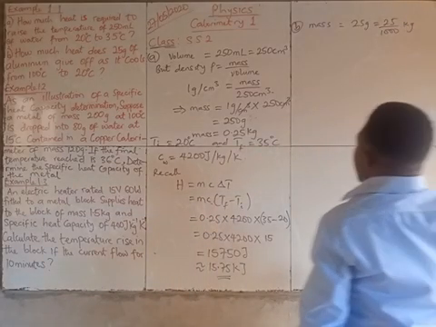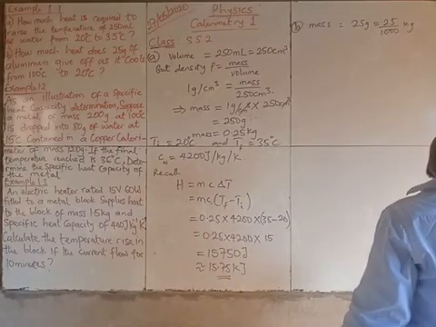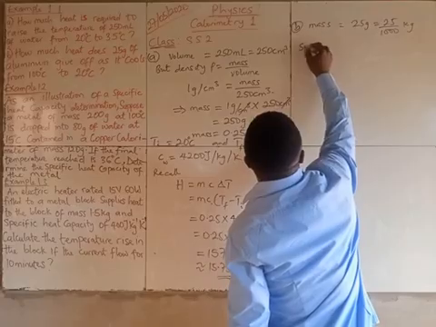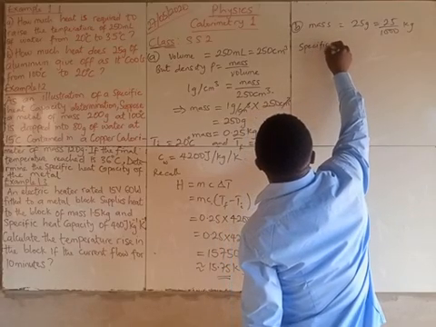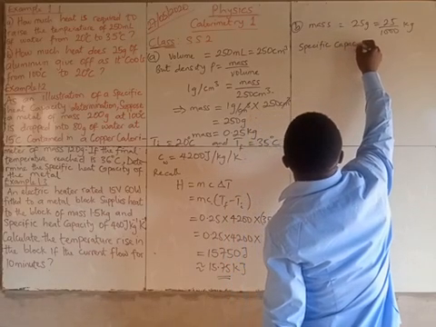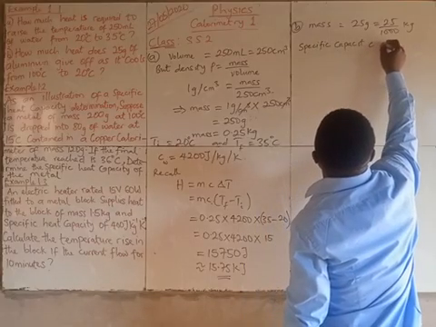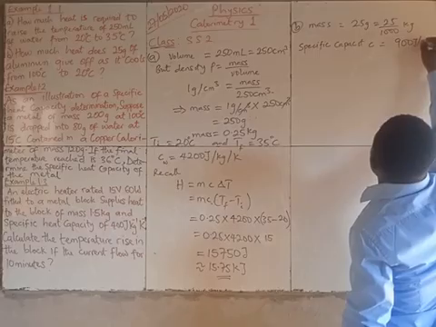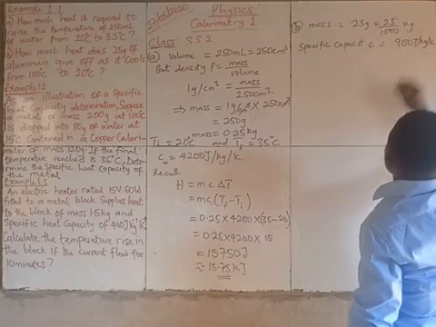This is aluminium, and if you also check your slide, you will see in example 1.1 that the specific heat capacity of aluminium, C for aluminium, is equal to 900 joule per kilogram per Kelvin.